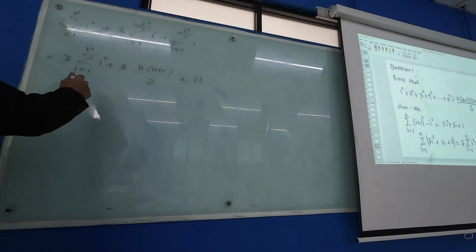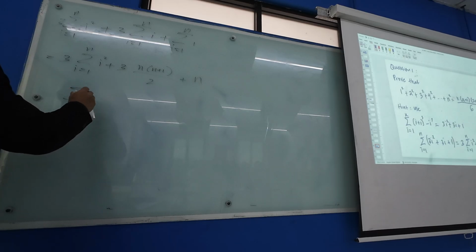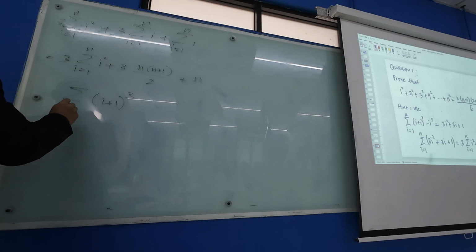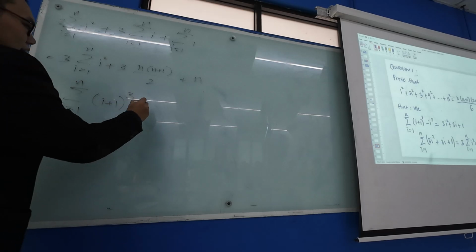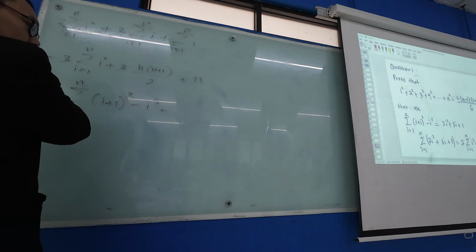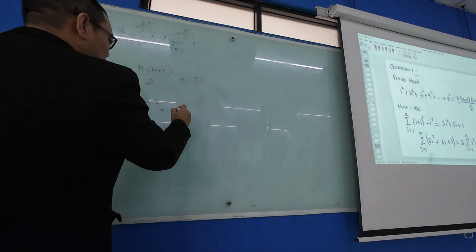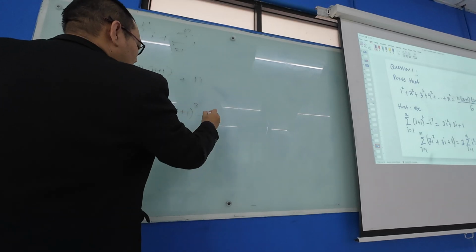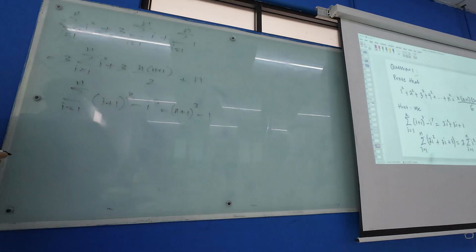What we have at first is sigma i from 1 until n of i plus 1 cubic minus i cubic, equal to n plus 1 cubic minus 1 cubic, right?